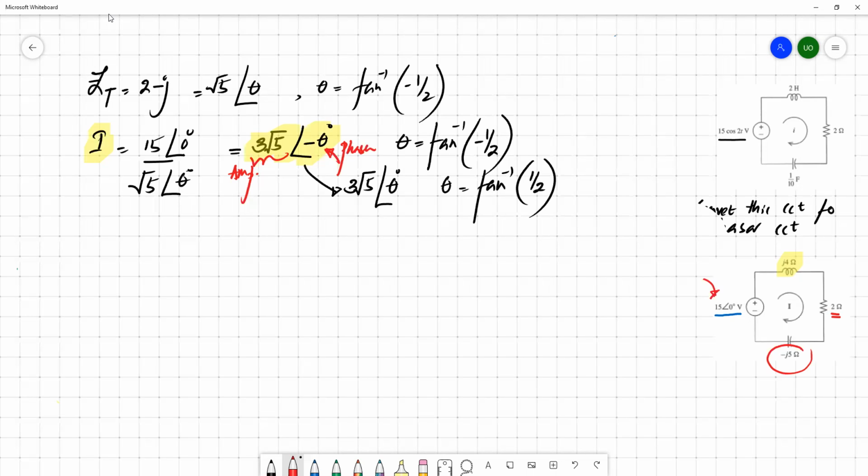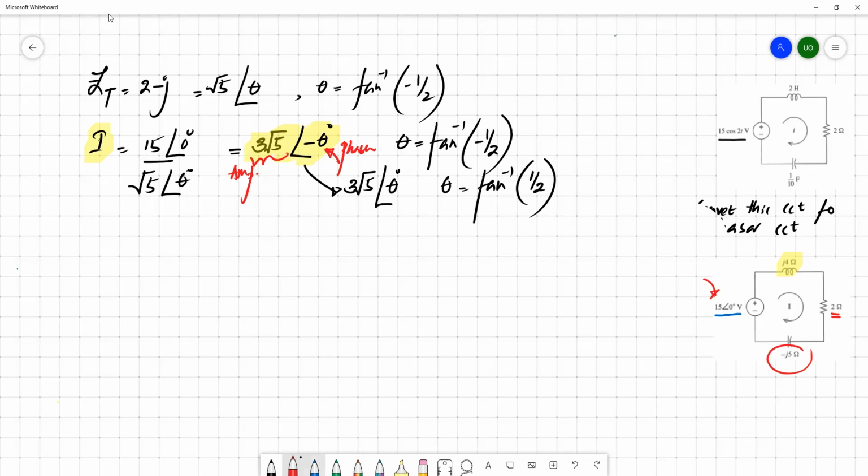Always, this phasor is with respect to this current, because we know that this current depends on the source you connect. So the current phasor is with respect to this one. That's why it's 15 angle 0.